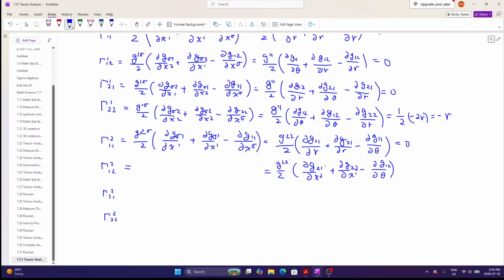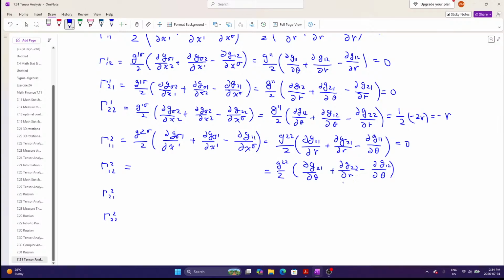And then 1, 2 alternate: dg21 over dx2 plus dg22 over dx1. So this looks correct. dx2 is just theta, so change that to theta. And dx1 is just dr, change that to dr. Okay. So now we can save some writing here.